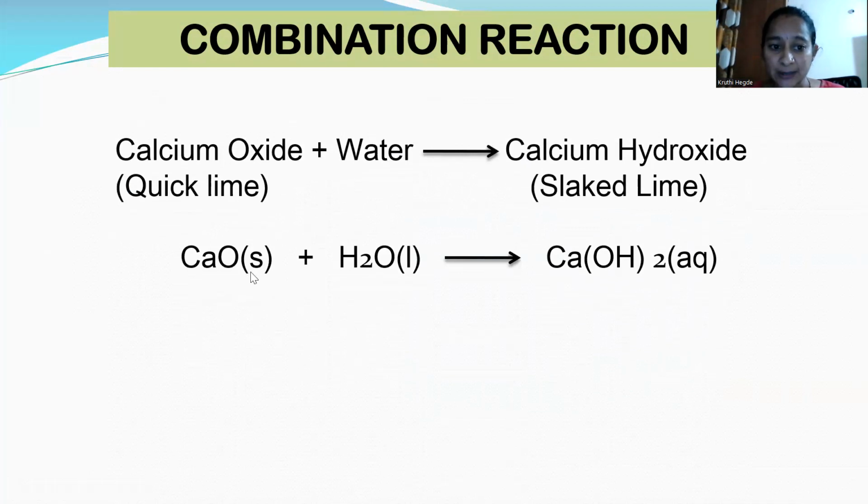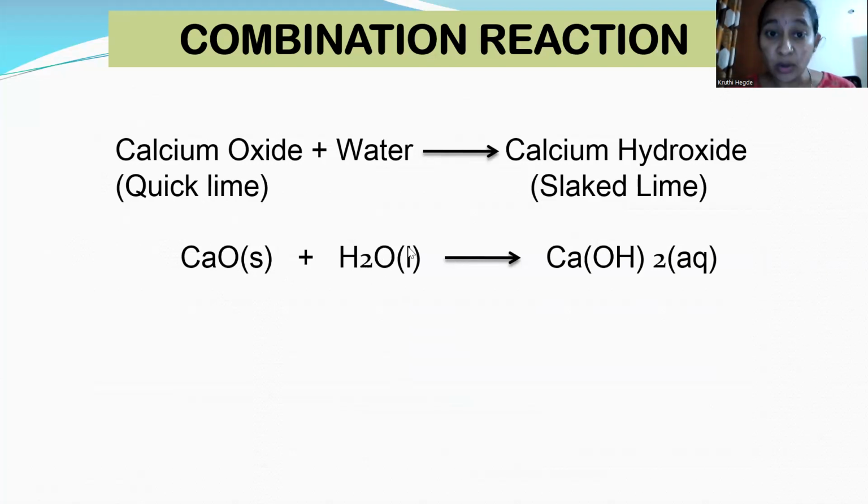Look at my cursor, the arrow mark. Inside the brackets, there are some letters: s, l, aq. What are these? These are nothing but the state of matter in which the reactant and product will be present during the reaction. So CaO is in solid form, so s is given.